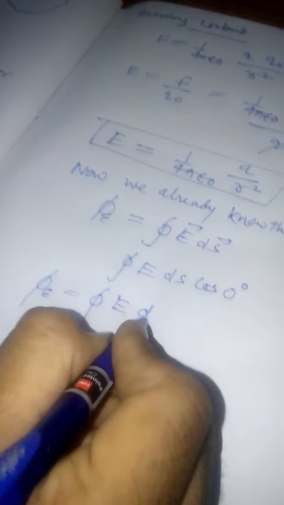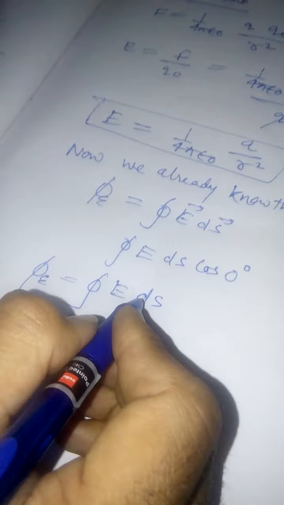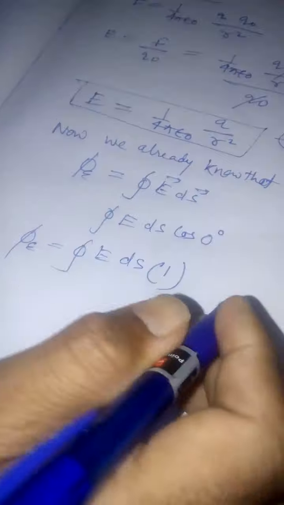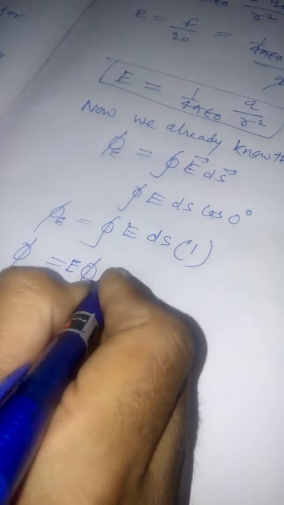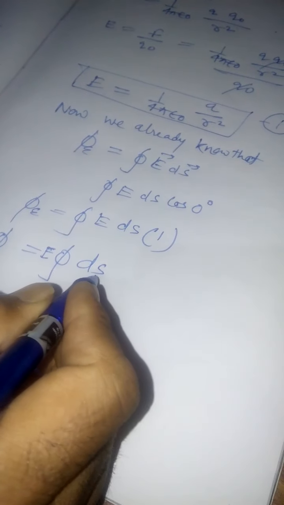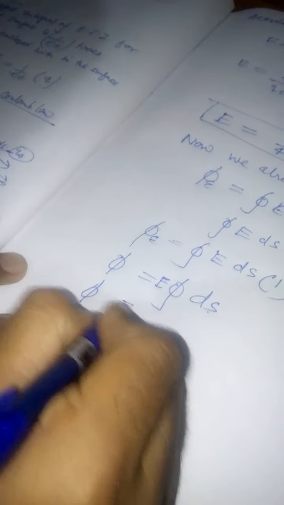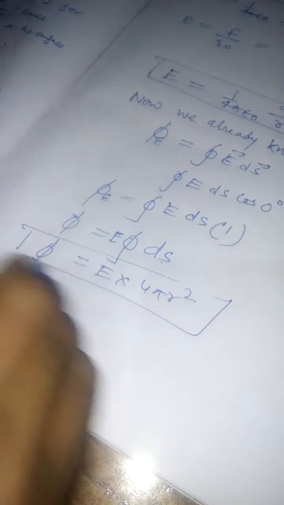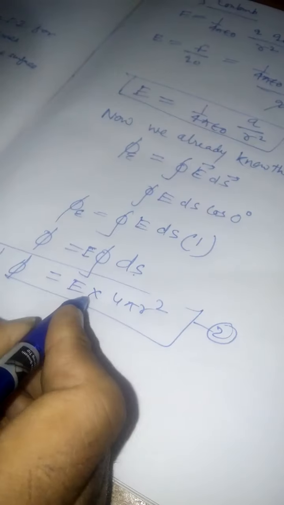Cos 0 is 1, so this is the electric flux. With respect to the surface, flux is equal to E into the surface area of sphere, which is 4 pi r square. This is equation 2. Now put the value of E from the first equation in the second.